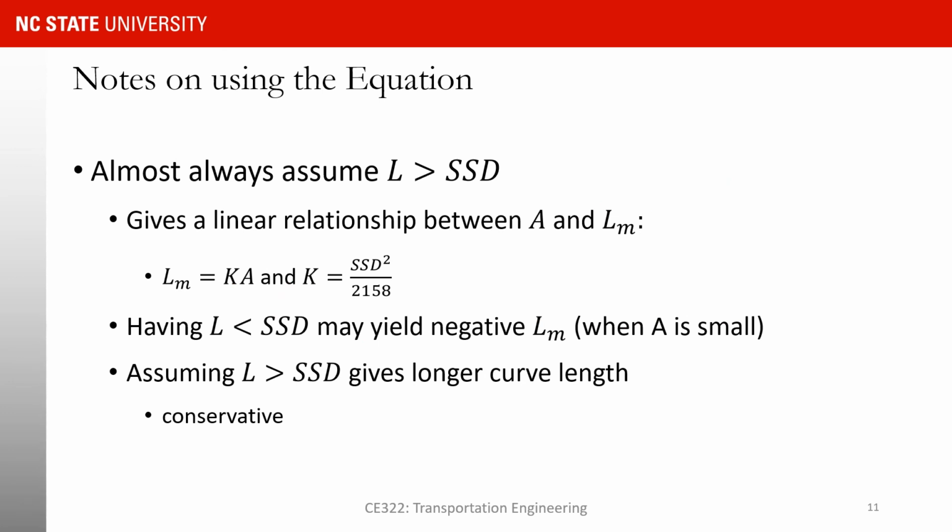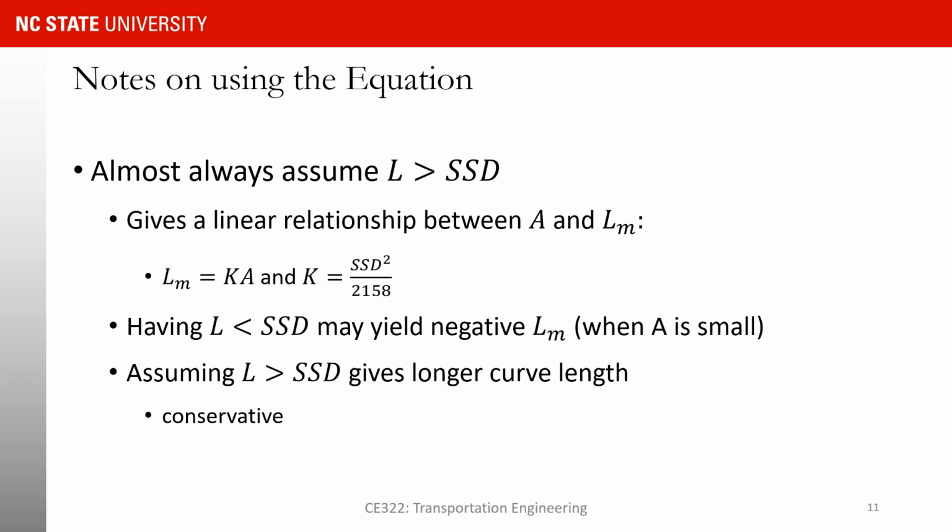Now, I want to talk about how we should be using those two equations, because should I assume L is more than stopping sight distance? Should I assume it's less than stopping sight distance? What you want to be doing is always to assume that L is more than stopping sight distance first, go and find the value of L, and see if that assumption is correct.